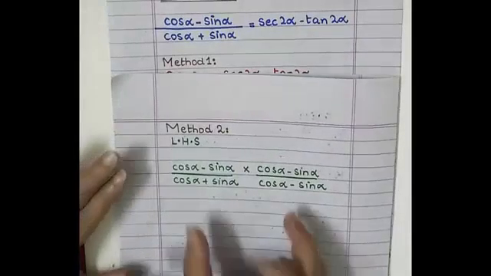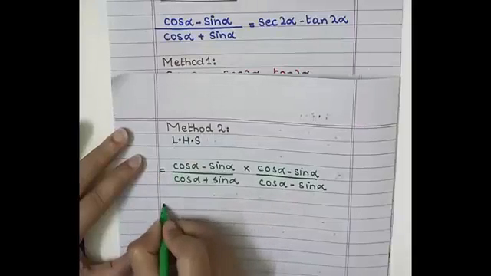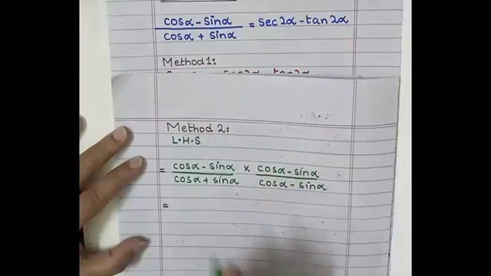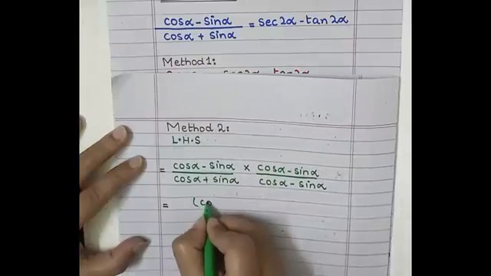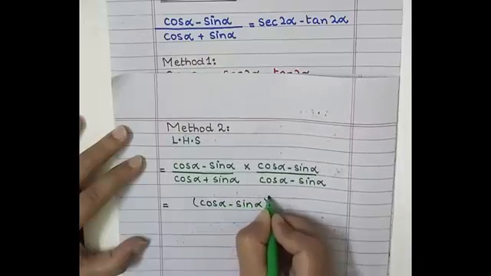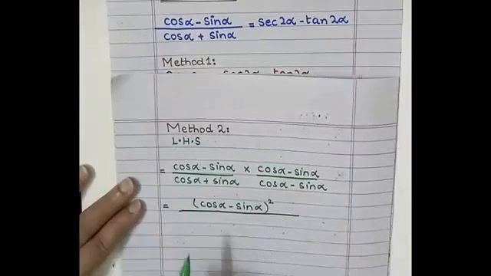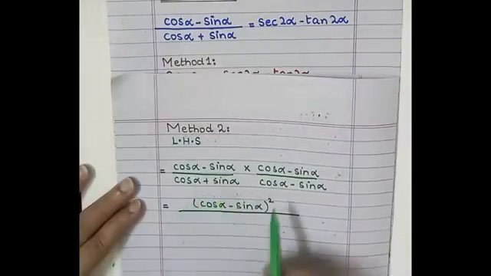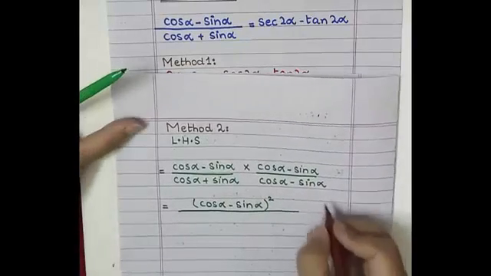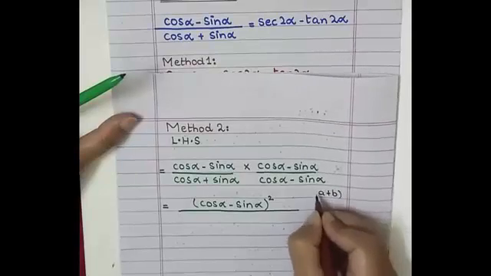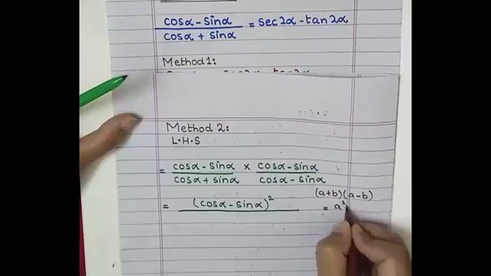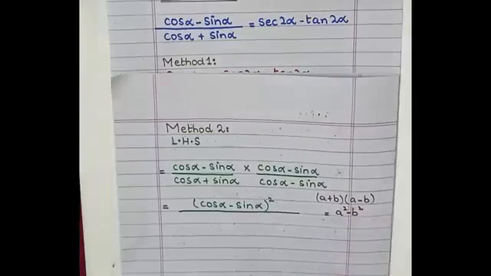Now there is a sign of multiplication between these terms. This is cos alpha minus sin alpha, and this is also cos alpha minus sin alpha, so we can write it as cos alpha minus sin alpha whole square. In the denominator we have cos alpha plus sin alpha and cos alpha minus sin alpha. It means this is a plus b into a minus b, which is equal to a square minus b square.